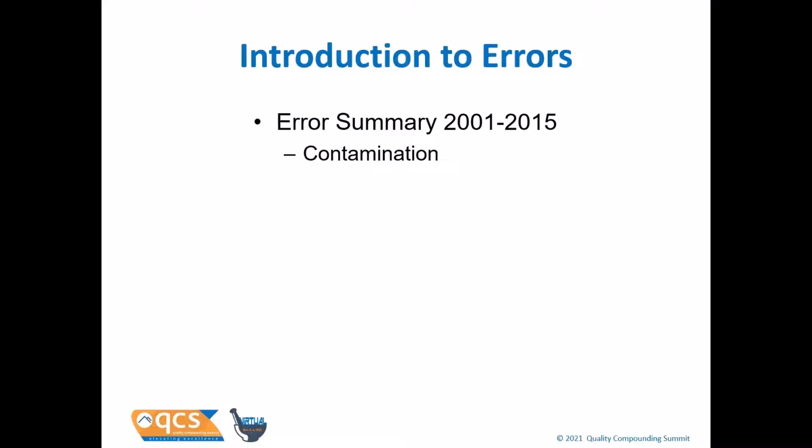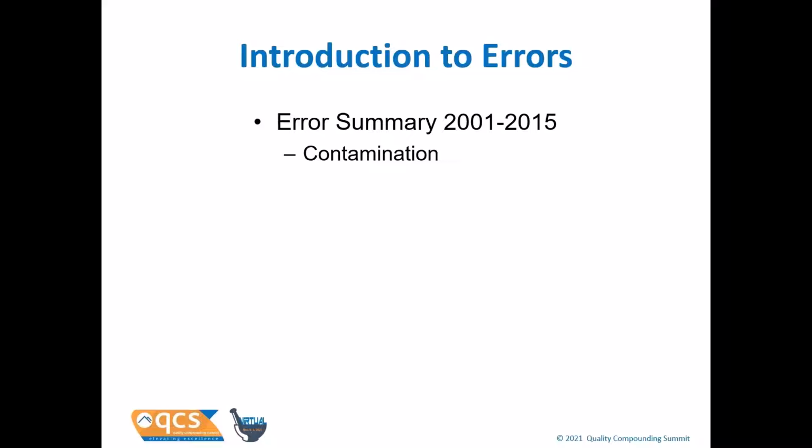Now, there was a summary presented by the National Coordinating Council for Medication Error Reporting and Prevention that covered 2001 to 2015. They have a large number of errors, and so they have categorized those and looked at what the result was and what the cause was, as well as how they can be eliminated.